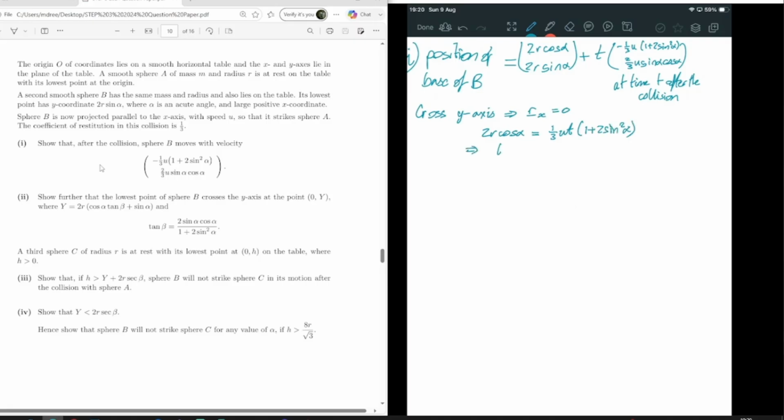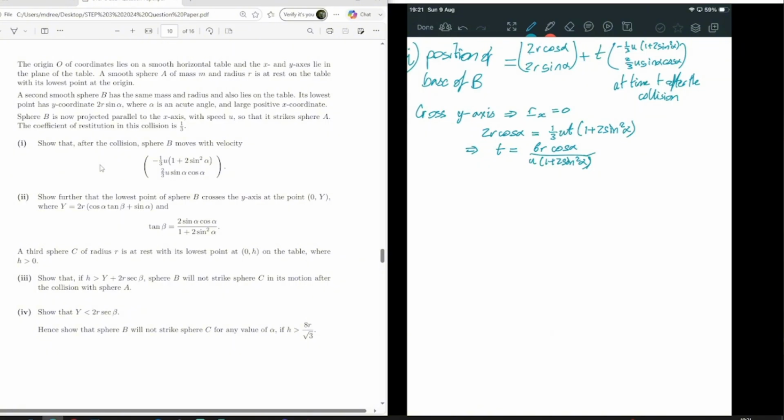So then t is equal to 6r cos alpha over u 1 plus 2 sine squared alpha. I've times that by the 3, I've divided by the u and the bracket.